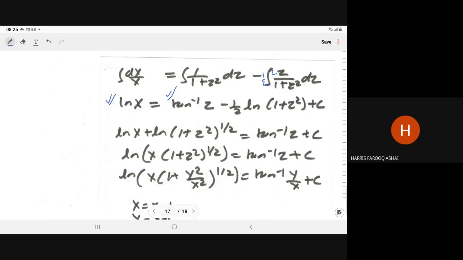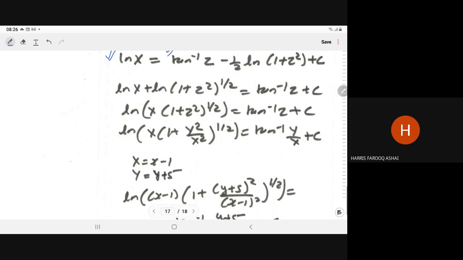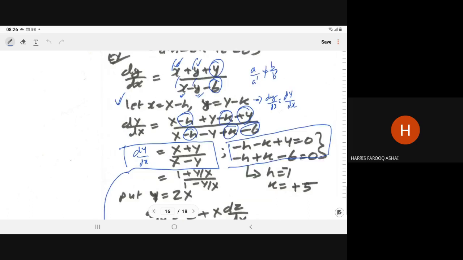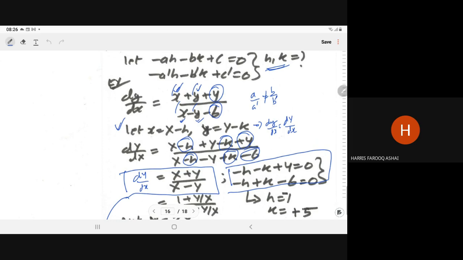The main thing you have to take care of: first, we have to replace z by capital Y upon capital X. So this can be written as ln of X into 1 plus Y square upon X square to the power 1 by 2 is equal to tan inverse Y upon X plus c. And you have seen in the previous example that we have put x is equal to X minus h, y is equal to capital Y minus k.